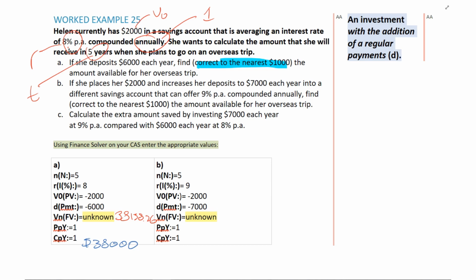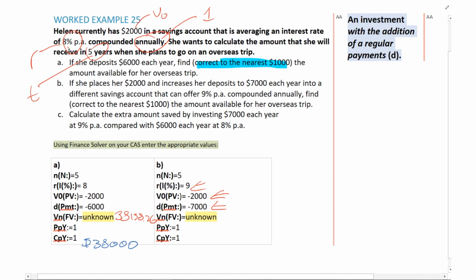For B, she places her $2,000 and increases her deposits to $7,000 into a different savings account that can offer 9% compounded annually. So we've got different values here, but the rest is still the same. That is now negative 7,000 because that's what she's going to be putting in each year, and that has changed.